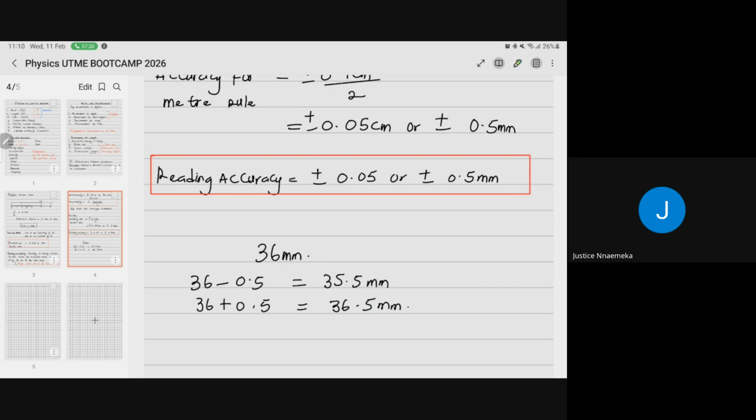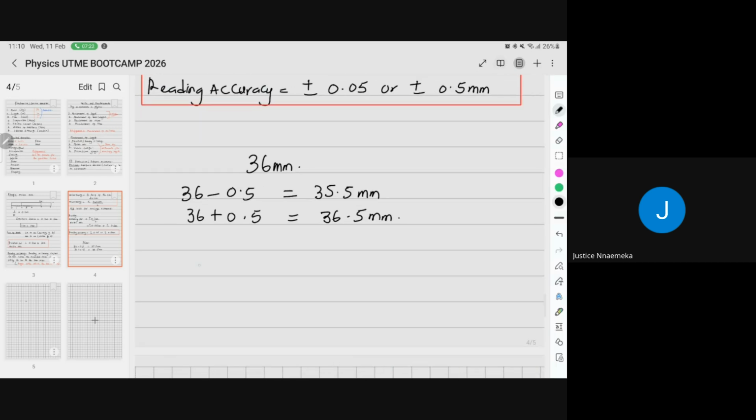So if I give you a length to measure, I'm expecting your answer to be within the range of 35.5 to 36.5. This is the range of values we want your answer to fall inside. If your answer is not within this range, you are wrong for a meter rule.